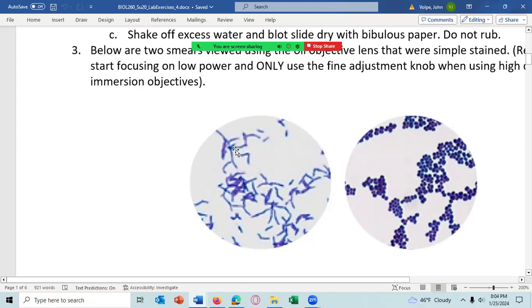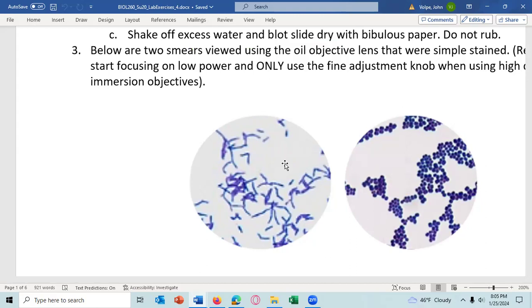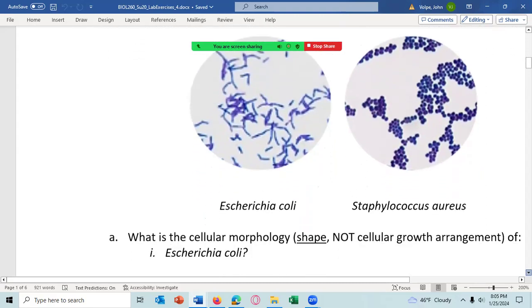There's at least 1 there, maybe 2, and then 3, and then 4 here, and then 5 there. So this is a poor preparation of E. coli. The cells are tending to stick together, and you should ignore that because all we're asking is the shape of the cells. And then this is Staphylococcus aureus, and it's very easy to determine the shape of the cell.